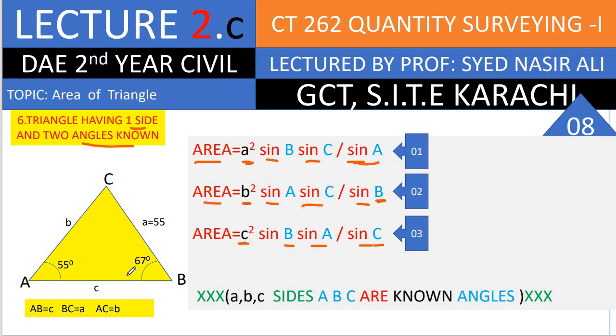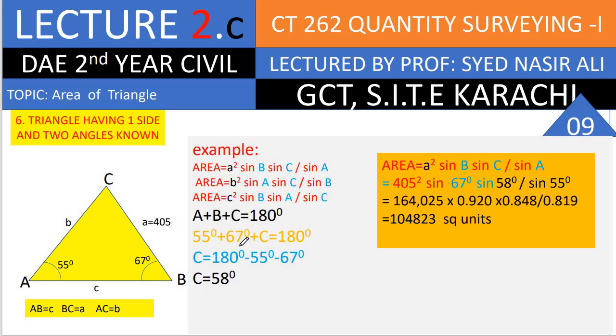Now take the example. If we have a triangle having A is equal to 405 and angles A and B are given, 55 degree and 67 degree, then we can find the area. As we are given the side A, we are using this formula.